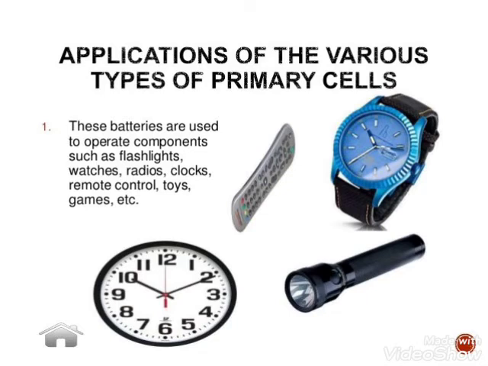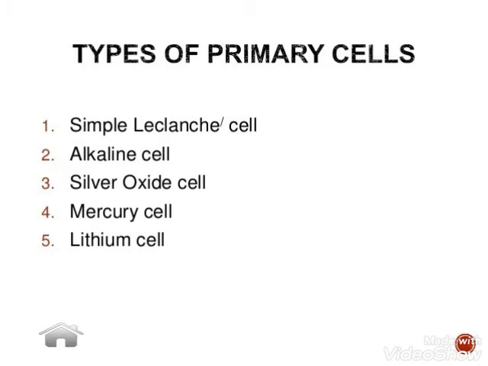Where are they used? As I told you, they are used in different equipments, different things in a home. These batteries are used to operate components such as flashlights, watches, radios, clocks, remote controls, toys, games, calculators, transistors, wristwatches, video games, so many things.